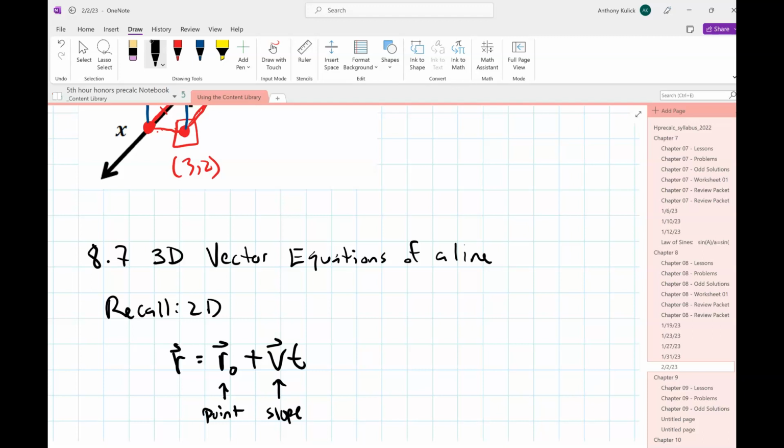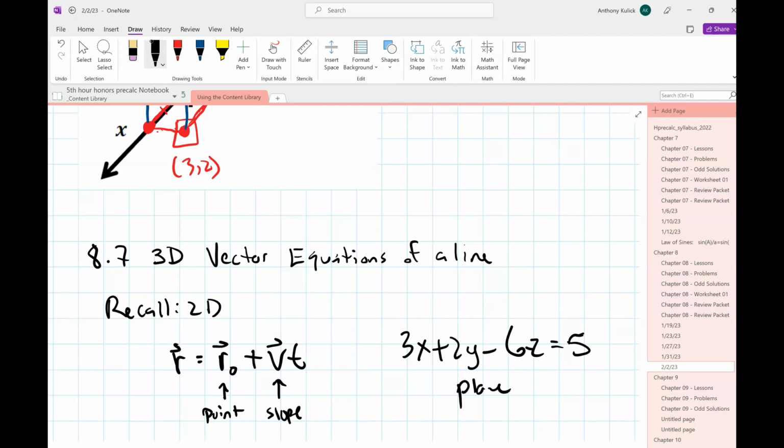Not really, because you have X, Y, and Z all changing, so it can't be just rise over run. It would be like rise over run over height or something. It's impractical for us to translate this back into a Cartesian equation of a line, because even if I write an equation like 3x plus 2y minus 6z equals 5, that's not the equation of a line. This is the equation of a plane.